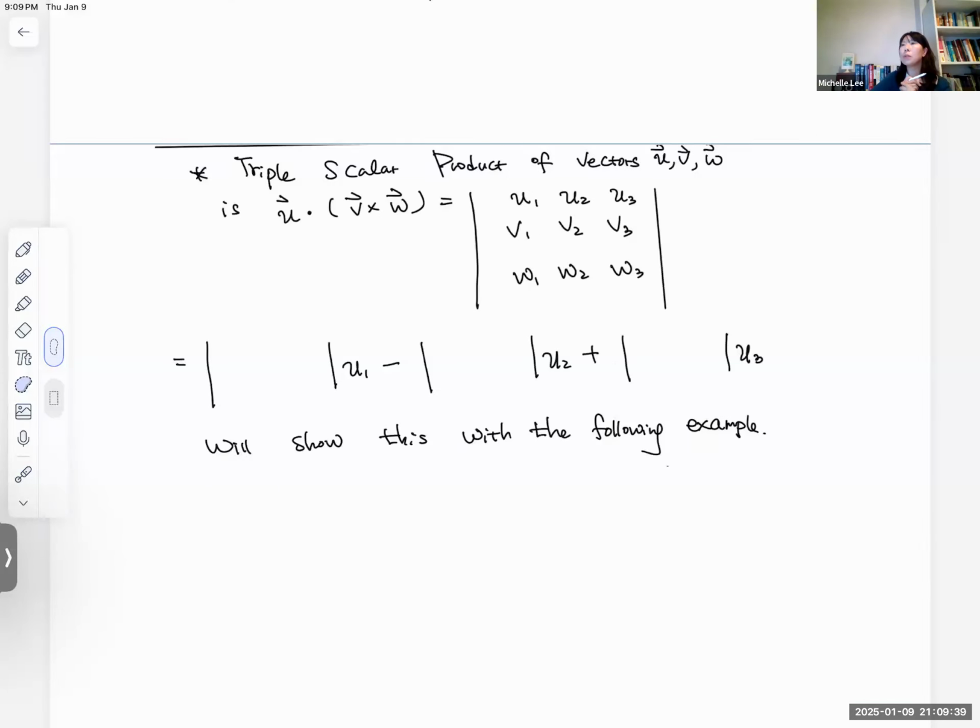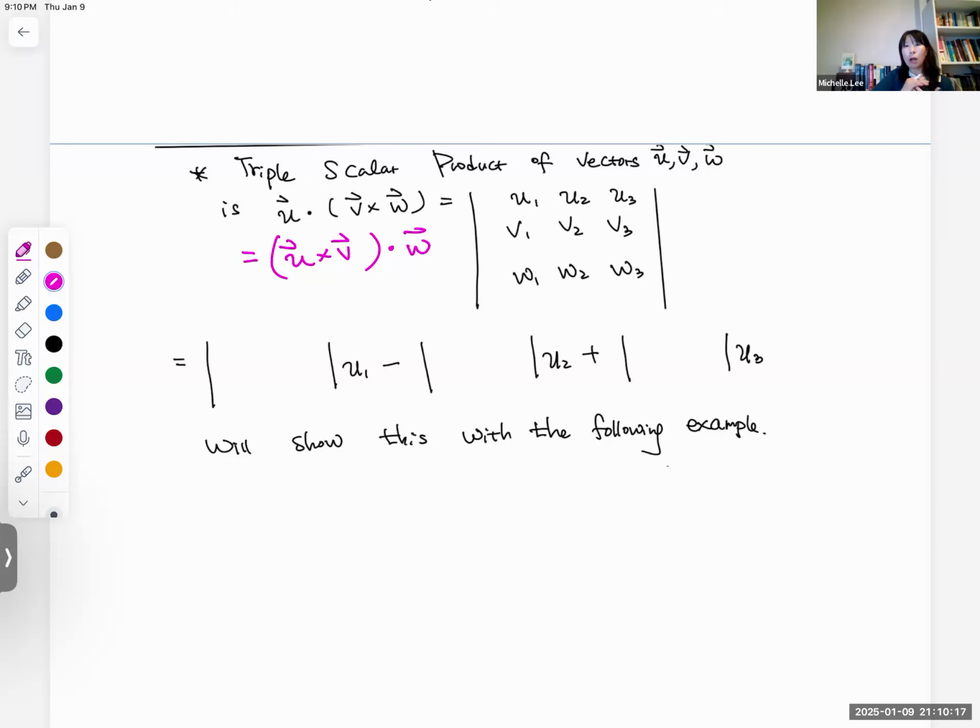The triple scalar product of vectors: we have U dot the cross product of V and W. They say this is the same as U cross V dotted with W. Let me write that down.